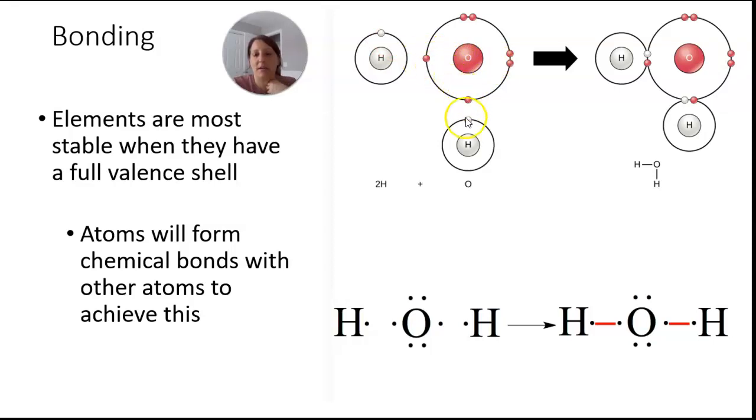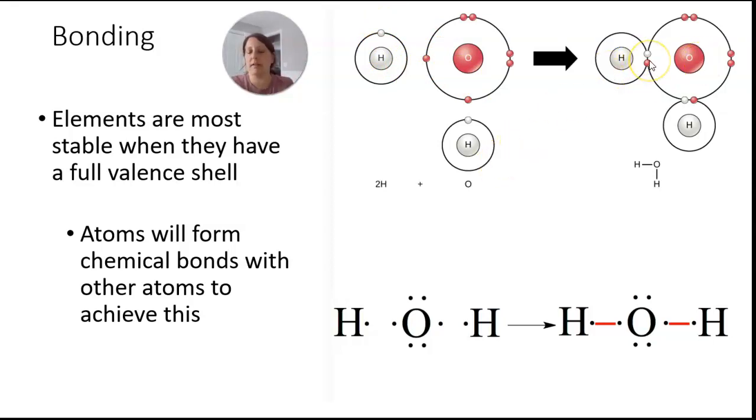What's going to happen is this hydrogen is going to bond here to oxygen, sharing this pair of electrons. So again, this is a covalent bond. We'll talk about different types of bonding. The same thing is going to happen over here. This hydrogen is going to share oxygen's electron, and this is going to form another covalent bond. This is how we would draw it if we were doing a Bohr or electron shell model.